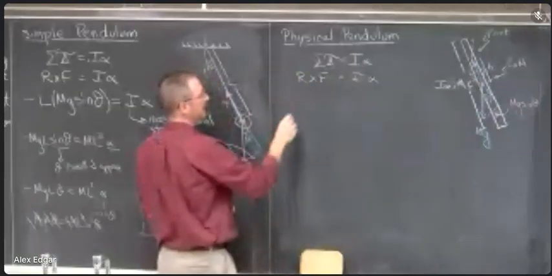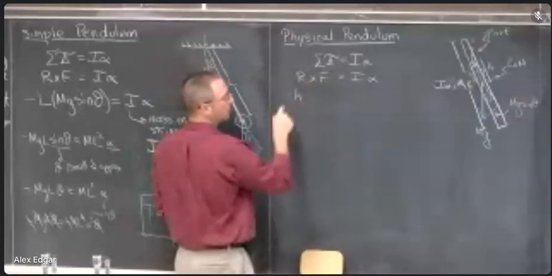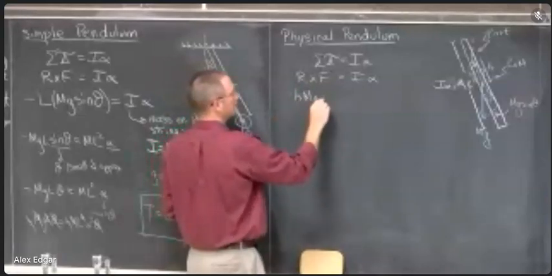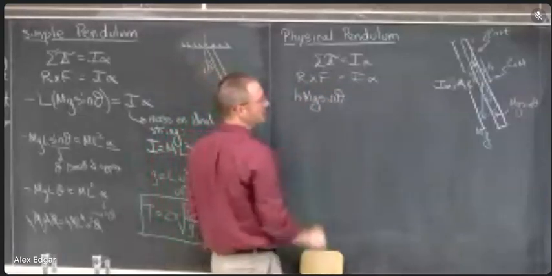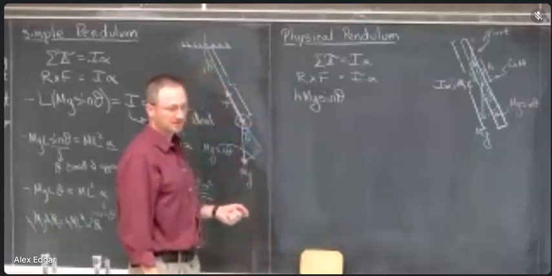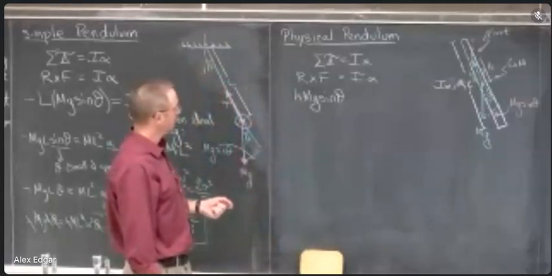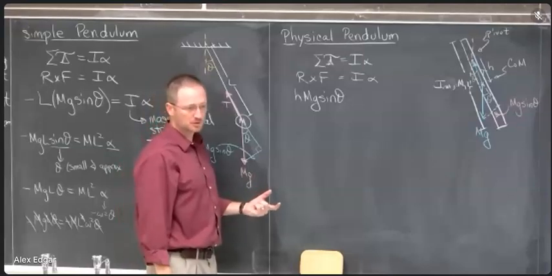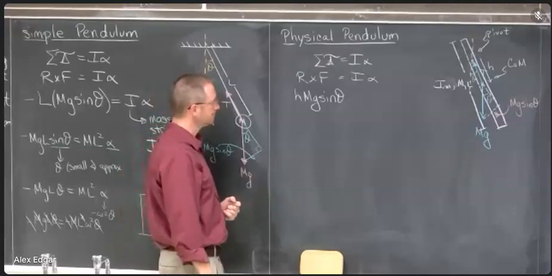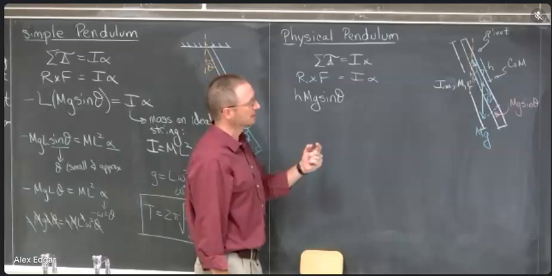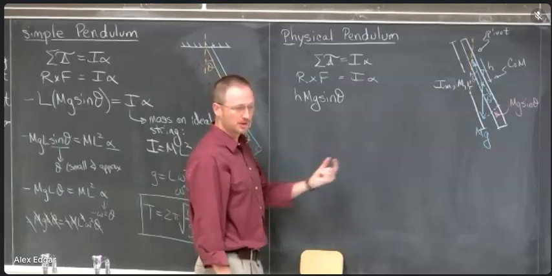That's going to be h. The force is still going to be the mass times the gravity, but only the perpendicular piece, which is where the sine theta comes in. And once again, the torque is going to point towards equilibrium, so we need a minus sign.